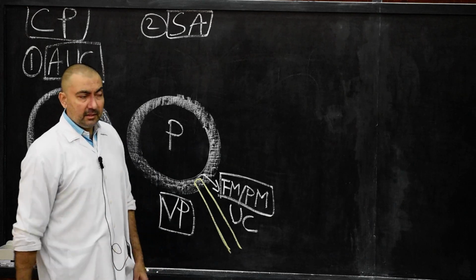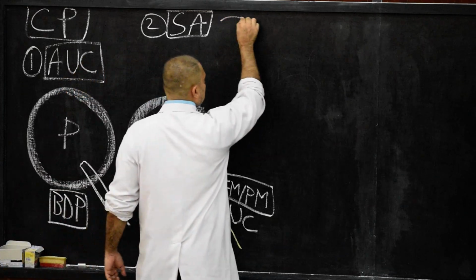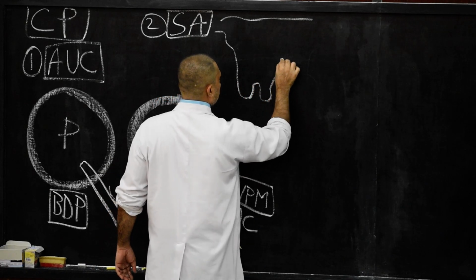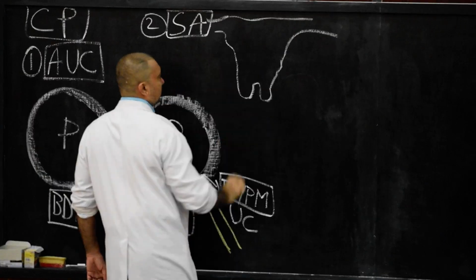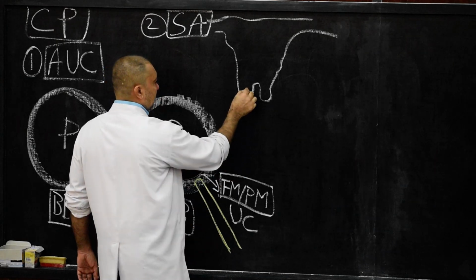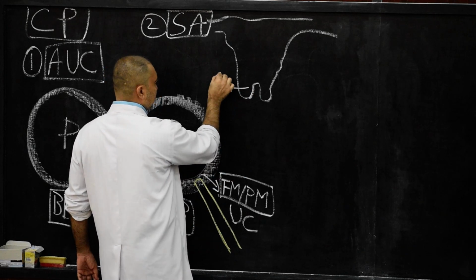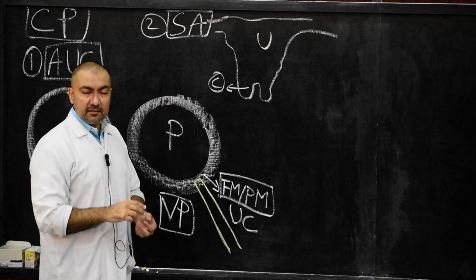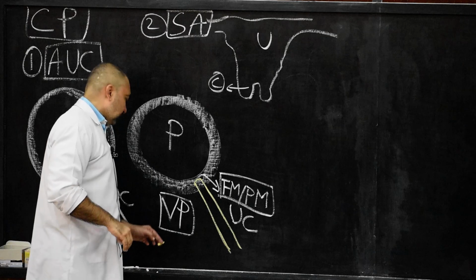Now here, if we go with the line diagram, here we show this as the uterus and fallopian tube, and this portion here is the cervix. This is the uterus.